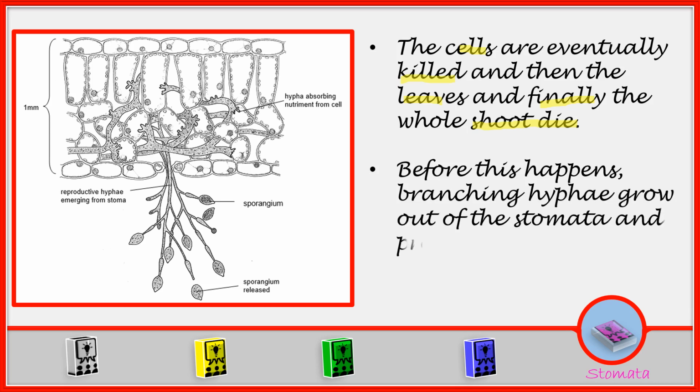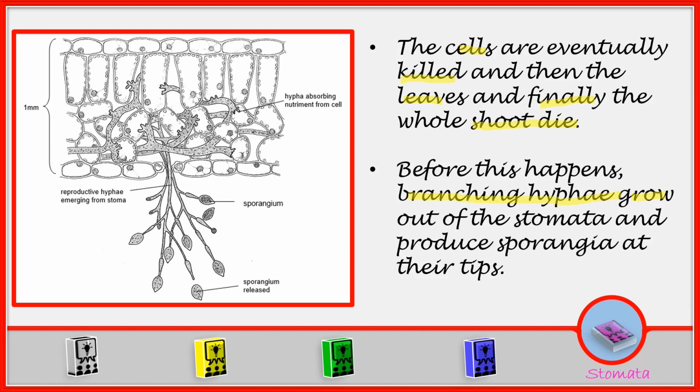Before this happens, branching hyphae grow outside of the stomata and produce sporangium at their tips. So we can see that these hyphae, as they are growing, also produce branching hyphae which pass out of the stomata.